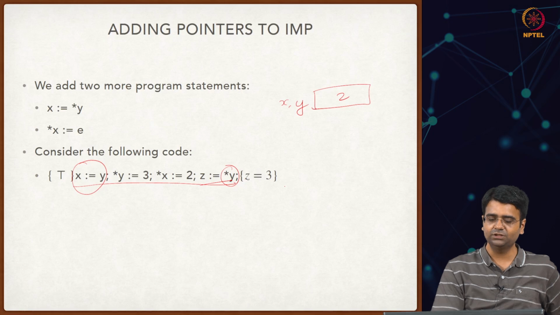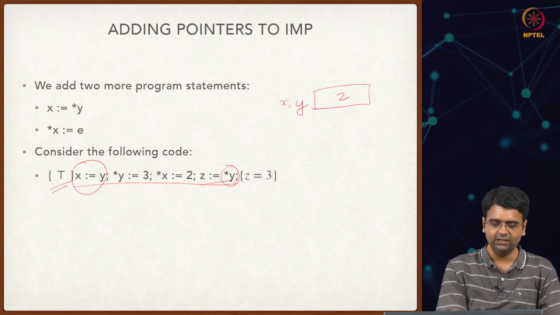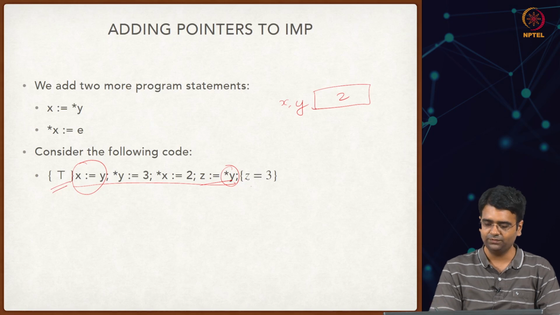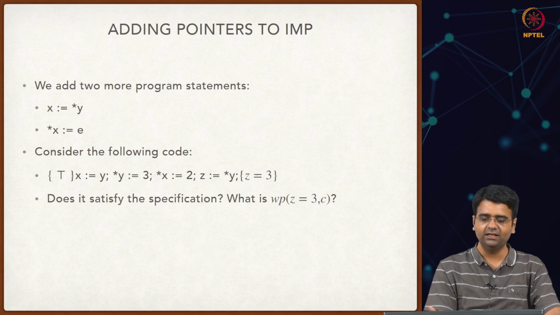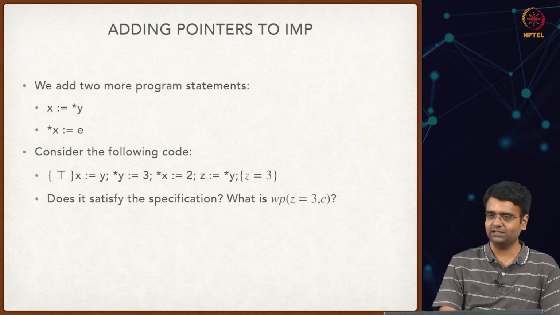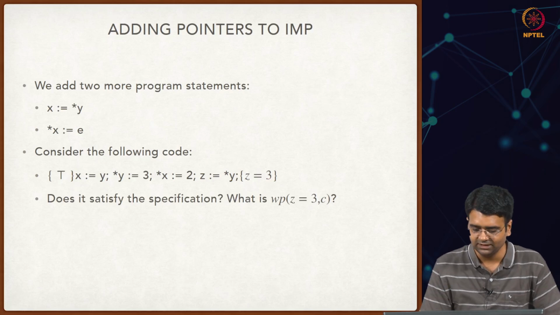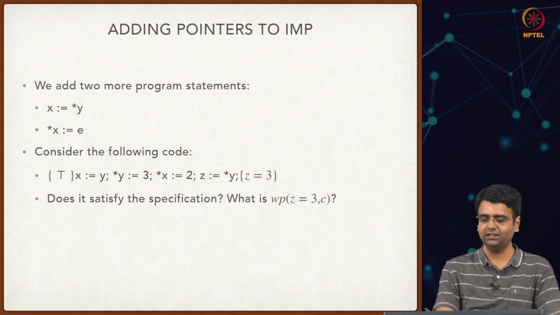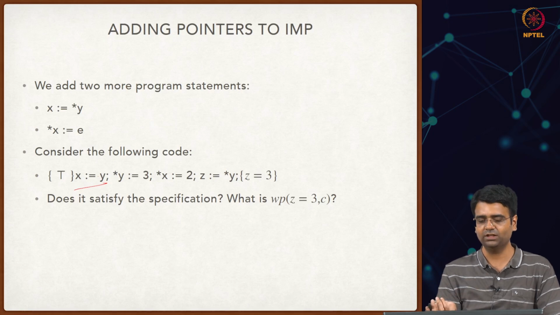So now let's look at this Hoare triple. This Hoare triple is saying that if you start with the precondition true, the postcondition is z equal to 3. Is this correct or not? Does this program satisfy the specification? As we have seen, due to the semantics of pointers, this program doesn't satisfy the specification, because x and y are both aliases, they both refer to the same memory location.